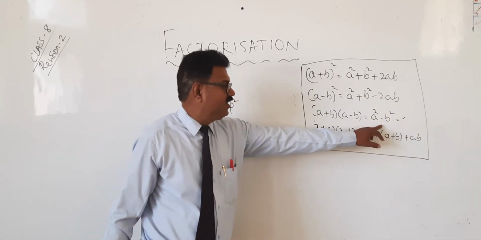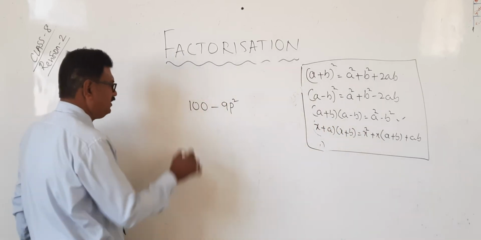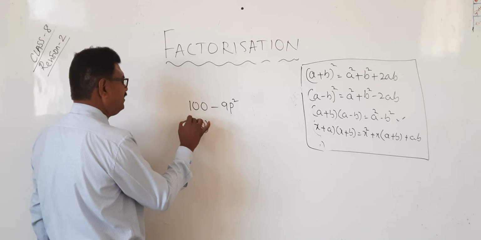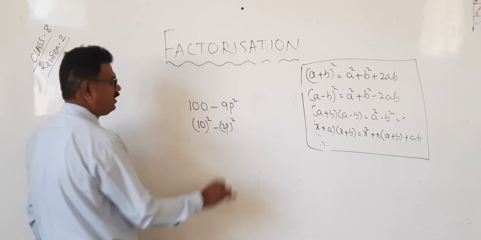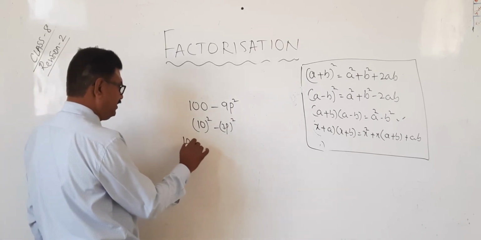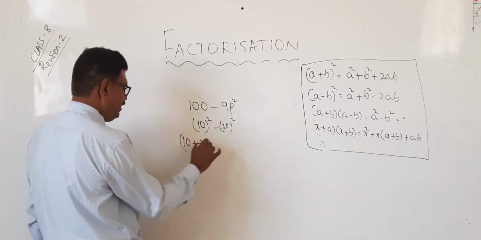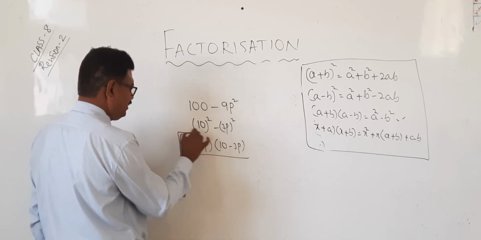For that method, the answer is a plus b into a minus b. Therefore, we can write 10 square minus 3p whole square. Therefore, the answer is 10 plus 3p into 10 minus 3p.